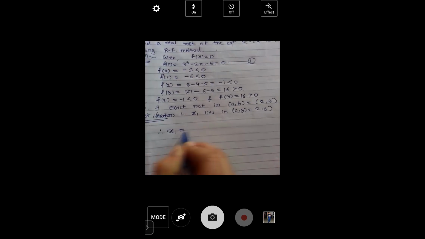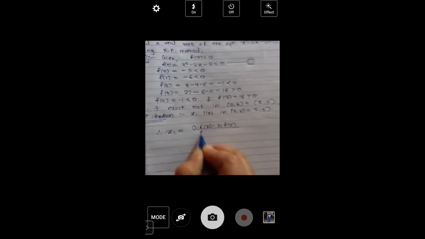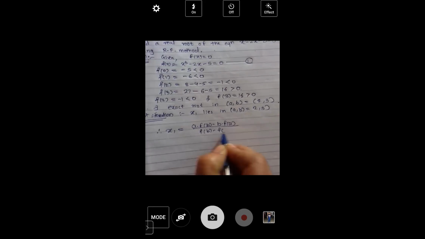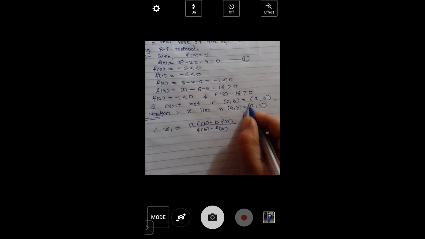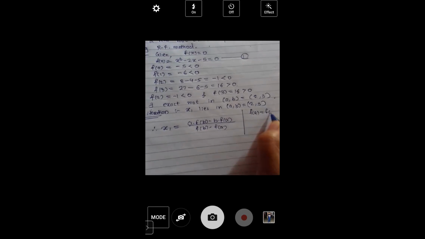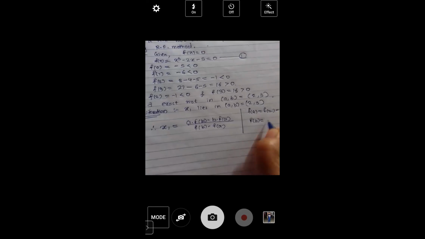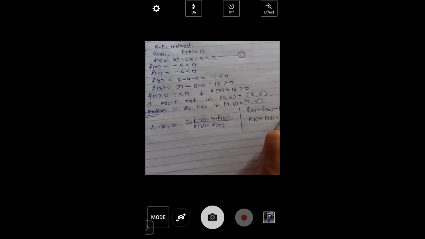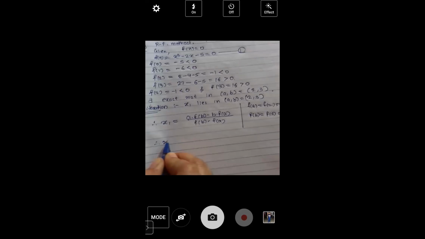X1 is equal to a into f of b minus b into f of a divided by f of b minus f of a. ए बी आहे इथे 2, 3. एफ ऑफ ए, f of 2, is minus 1. एफ ऑफ बी, f of 3, that is 16. So put all these values in this formula. Tell me what is x1.